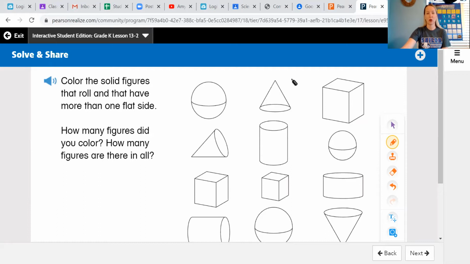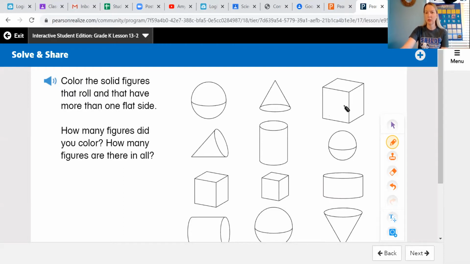All right, let's go to our cone. Can our cone roll? Yes, because remember, if we pretend this is our cone, the body of it is rounded or curved, so it can roll back and forth. Does it have more than one flat side? Nope, it only has the one flat side.